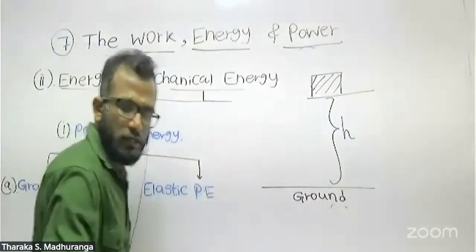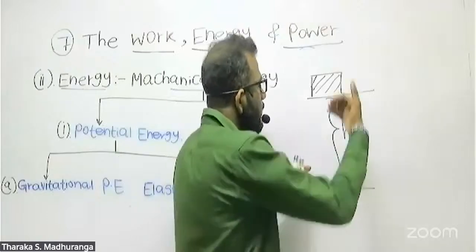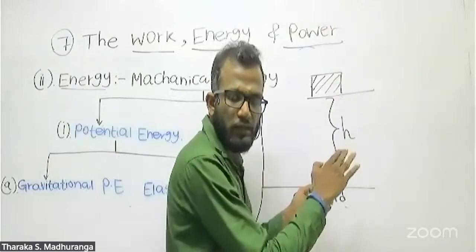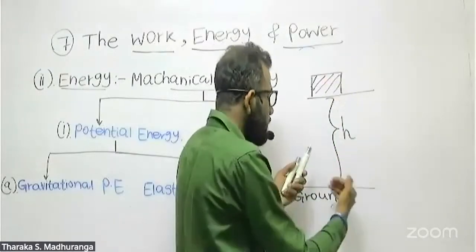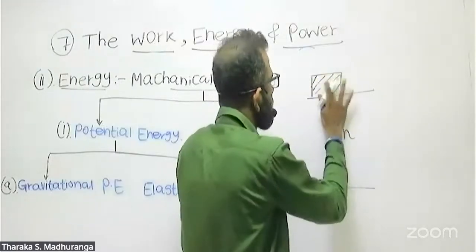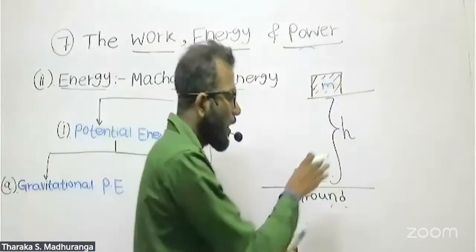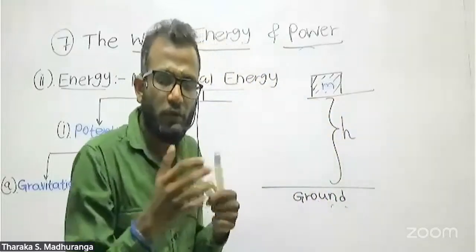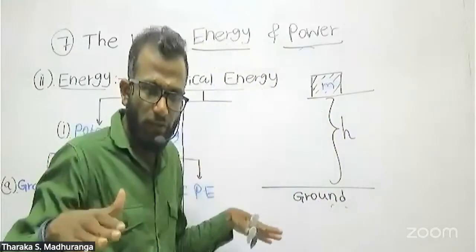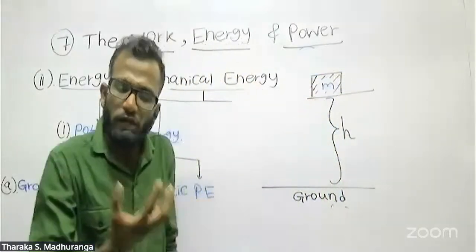When we consider any object at some height, its position is some height from the gravity level. Think the mass of this object is m. The height is h from the gravity level, and gravity level means ground level.